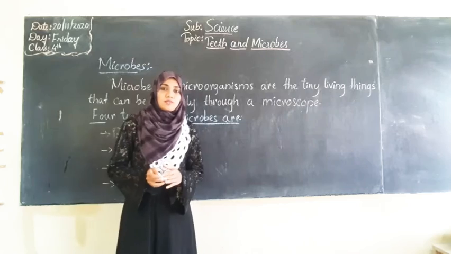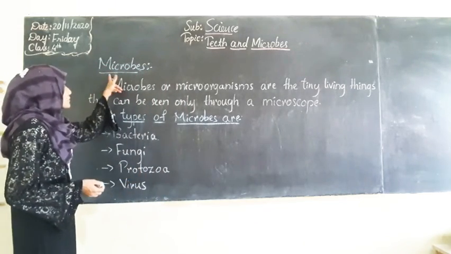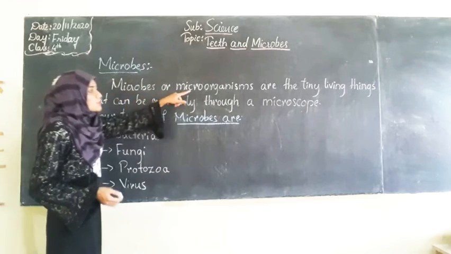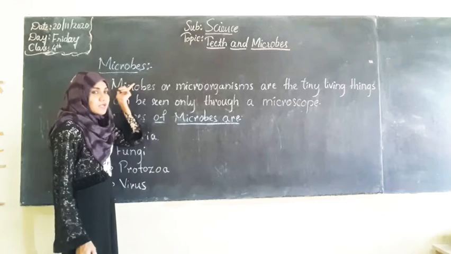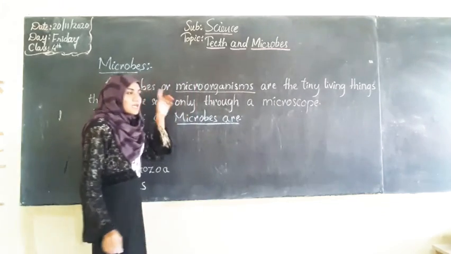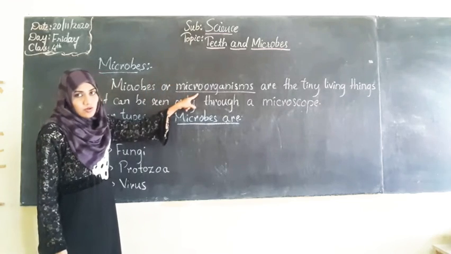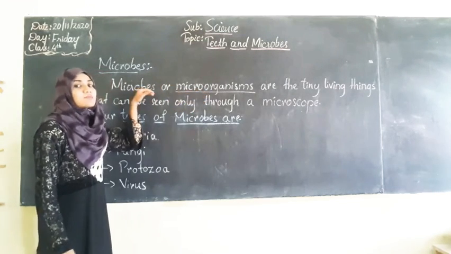Alright students, so let's look at what is meant by microbes. Microbes or microorganisms. Students, microbes is a short term, okay? The complete name is microorganisms. So we can say either microbes or microorganisms. For microorganisms, we say in short microbes.